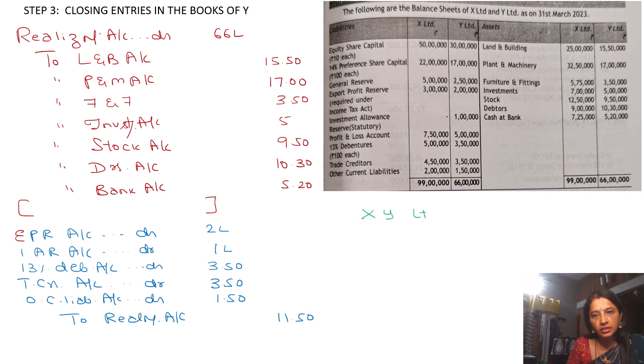XY Limited account debit. How much is the purchase consideration of Y Limited? It is 53,70,000. It is giving for realizing the assets and liabilities. So to realization account 53,70,000. This is the entry for PC due.